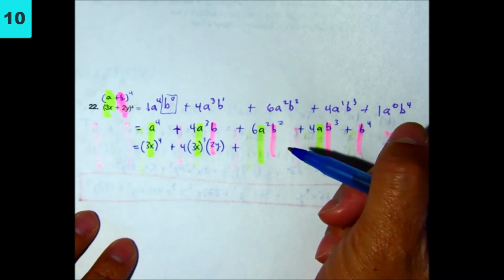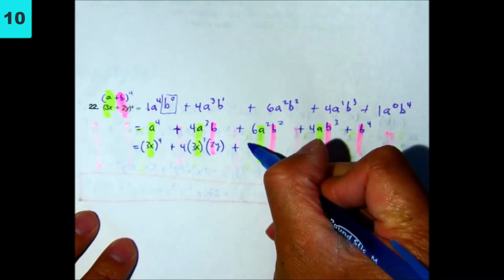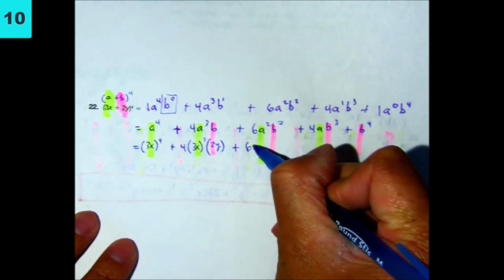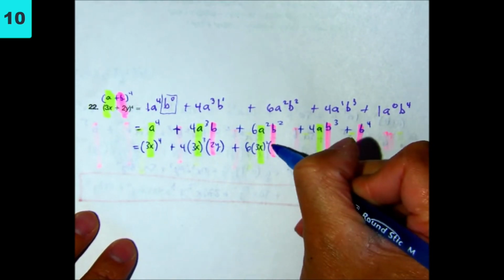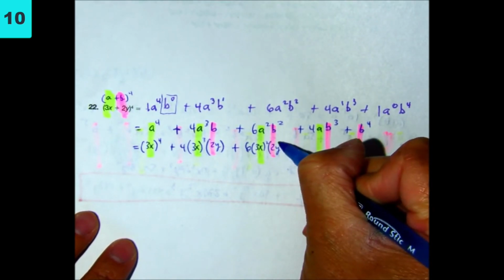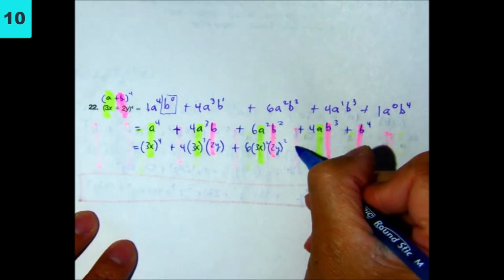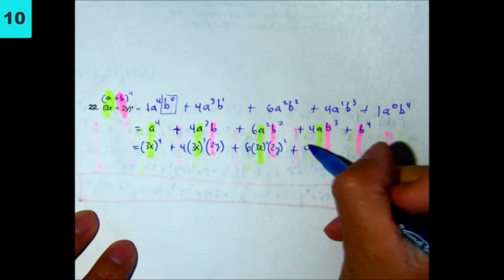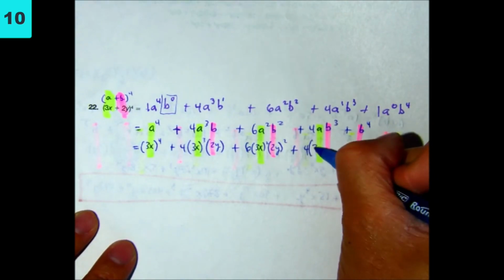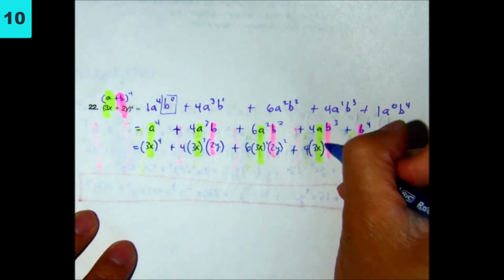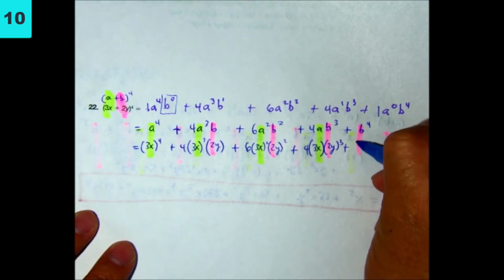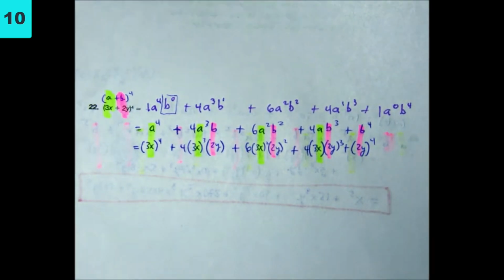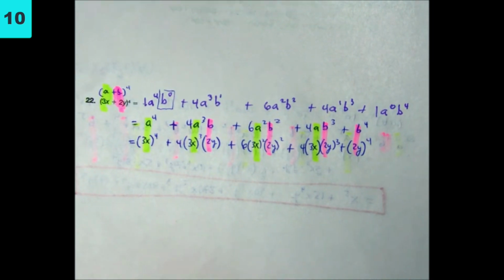Keep going, Alex. 3x to the second, and then 2y to the second. Plus 4 times 3x times 2y to the third. Plus 2y to the third. Raise your hand if you have that so far. Okay. Raise your hand if you need some time to simplify it now.